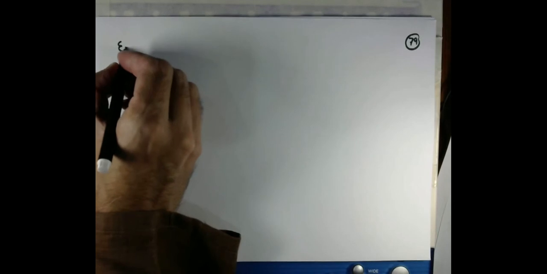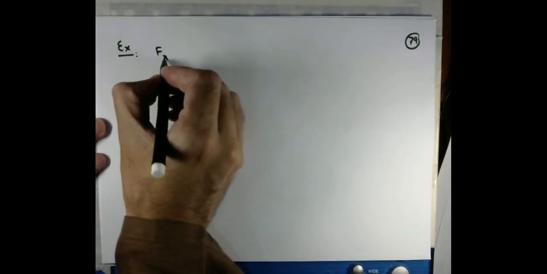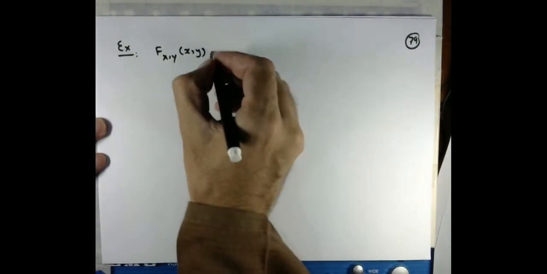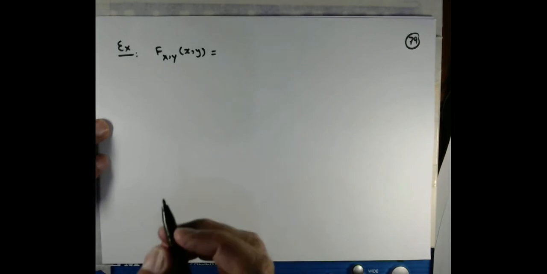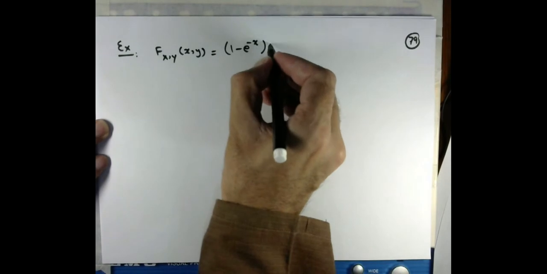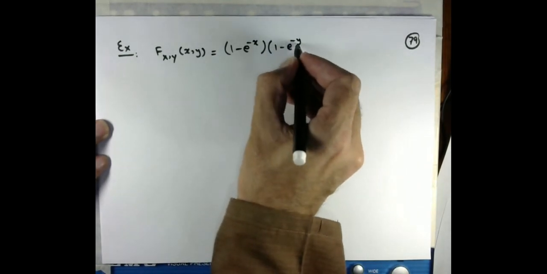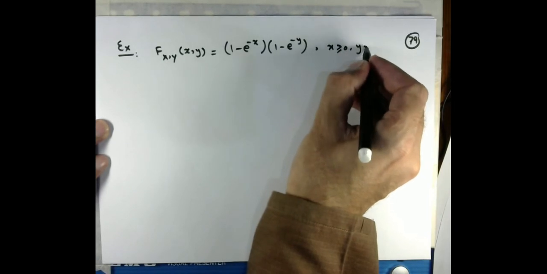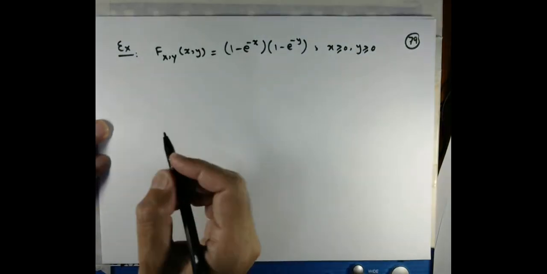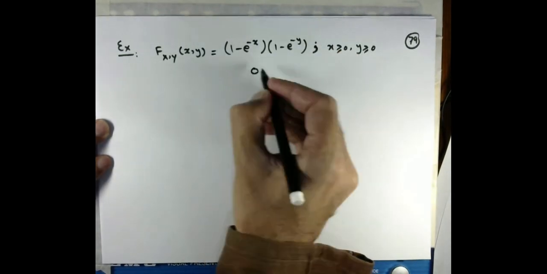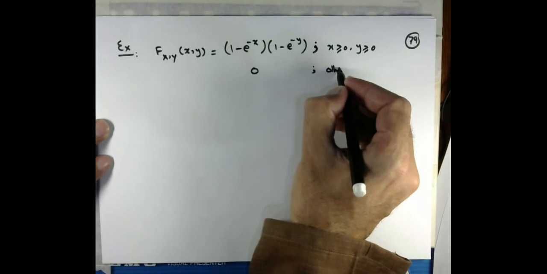So one more example, and that says that if you have a joint CDF of two random variables x and y, and say it is given as 1 minus e raised to power minus x times 1 minus e raised to power minus y for x greater than or equal to 0 and y greater than or equal to 0, and it is equal to 0 otherwise.